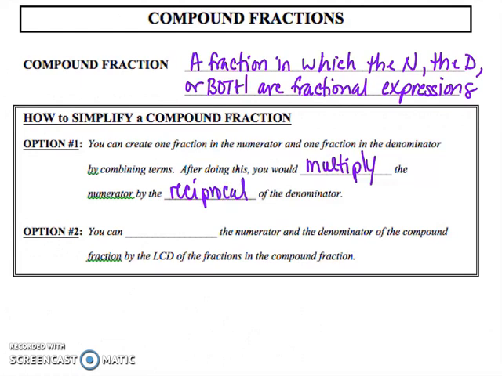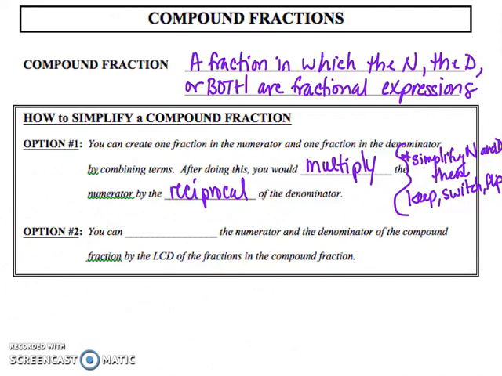So this is essentially simplify numerator and denominator, then keep, switch, flip. Okay, that's what option one is.